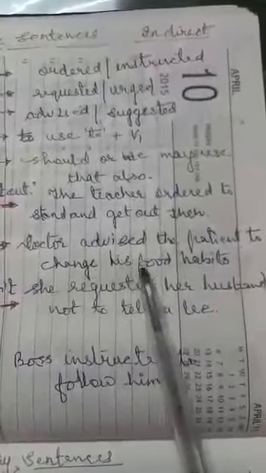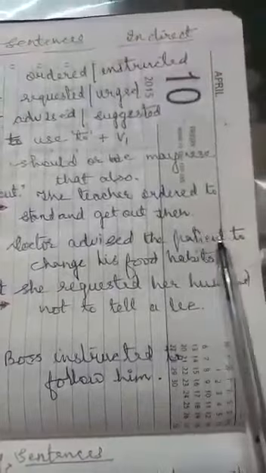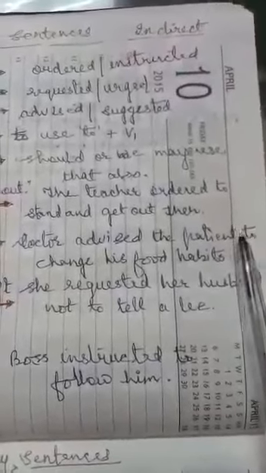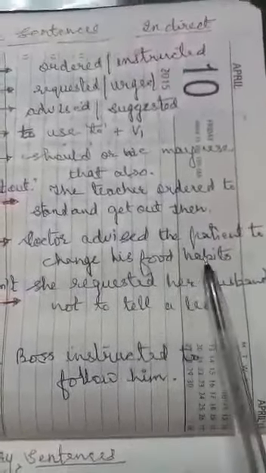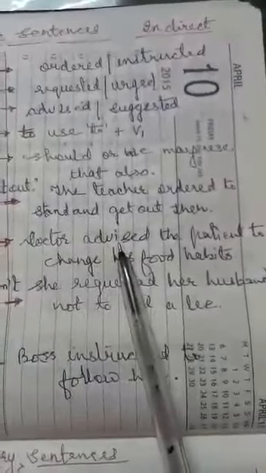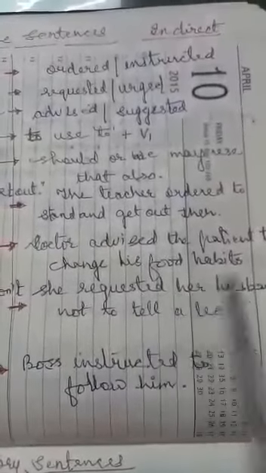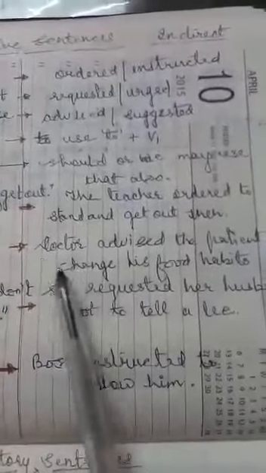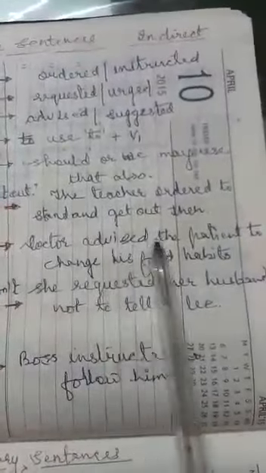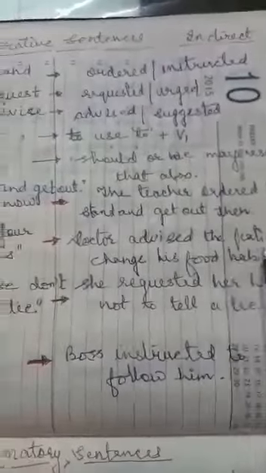Here I did not use that. What I used? To plus first form of the verb. Why am I not using the past here? Because this word advised we have already taken in past. Doctor advised the patient to change his food habits.